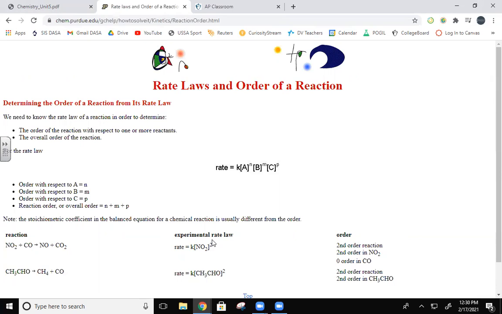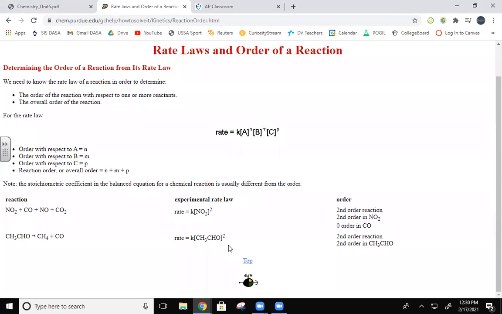The experimental rate law: the rate of this reaction is second order in nitrogen dioxide. Do you see this?